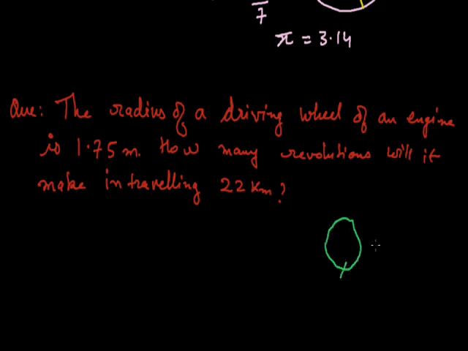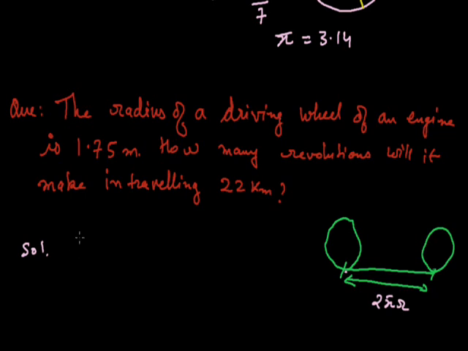that is, it moves from here till here, that is it completes one round, it will come again to this position, then the distance covered is equal to its circumference, that is 2 pi r. So in one revolution it covers the distance equal to its circumference.